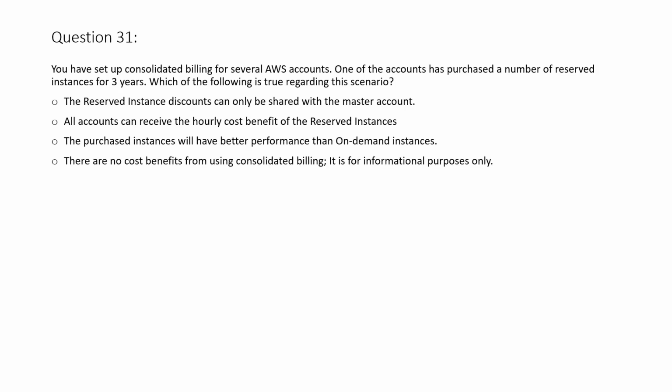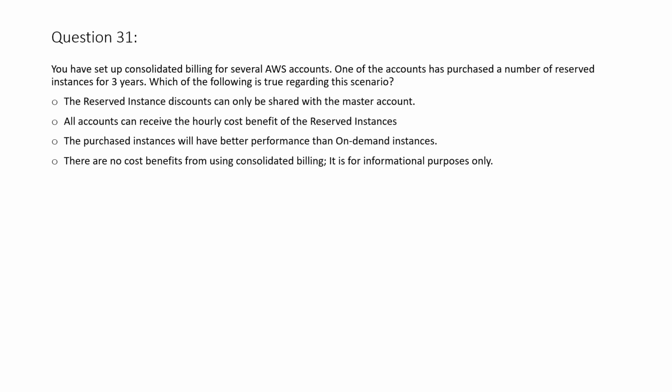Question number 31. You have a setup consolidated billing for several AWS accounts. One of the accounts has purchased a number of reserved instances for 3 years. Which of the following is true regarding this scenario? Option A. The reserved instance discounts can only be shared with the master account. Option B. All accounts can receive the hourly cost benefit of the reserved instances.